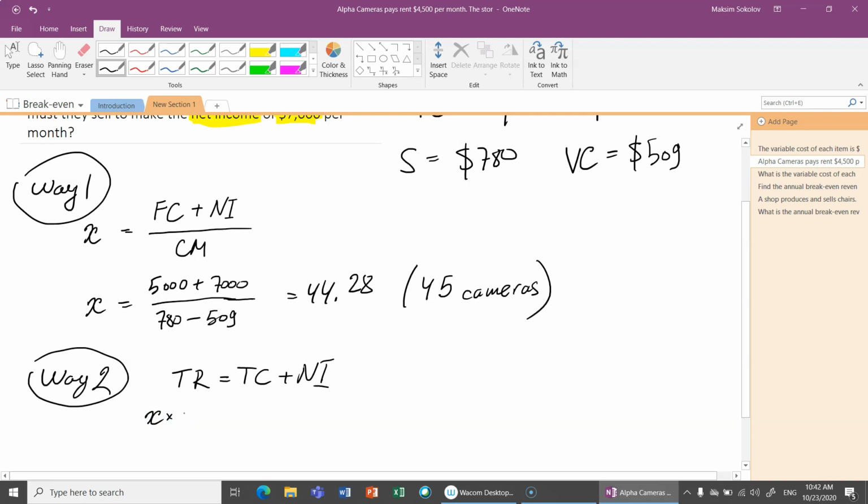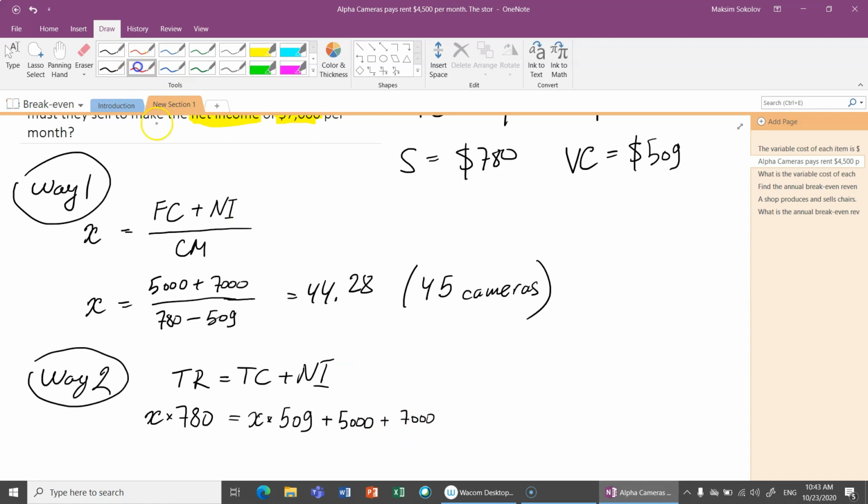So you sell each camera for $780. So total revenue is X times 780. That's the amount of money you take from your customers. Your total cost is your total variable cost, which is, so you sell X items, you multiply that by 509, so that's your total variable cost, plus your fixed cost, which is $5,000, plus your net income, which is $7,000.